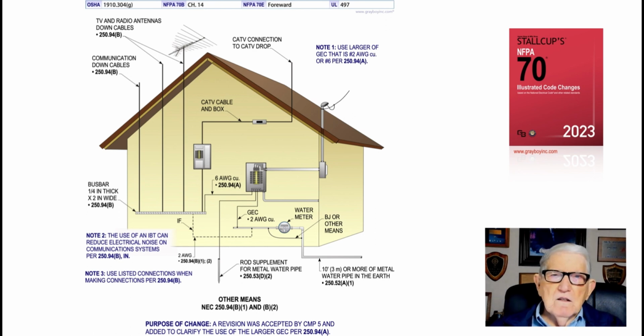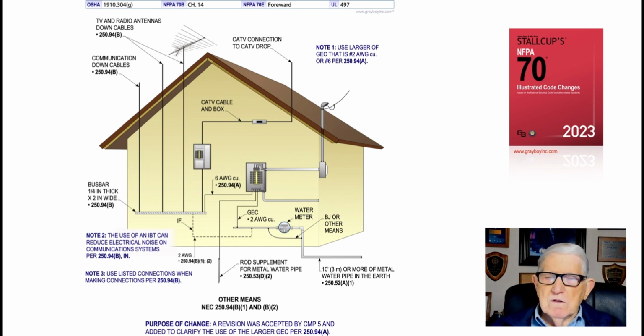Now, let's look at Note 1. Note 1 says use the larger of the grounding electrode conductor, in this case is number 2, in accordance with 250.94A. But be sure you review 250.94A4. That's important too, to determine what this rule is all about.